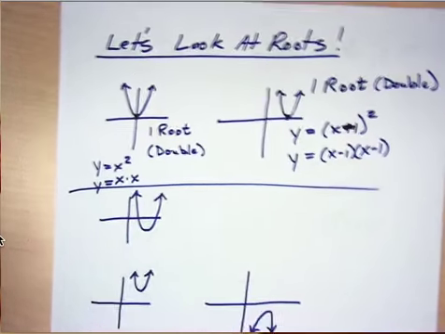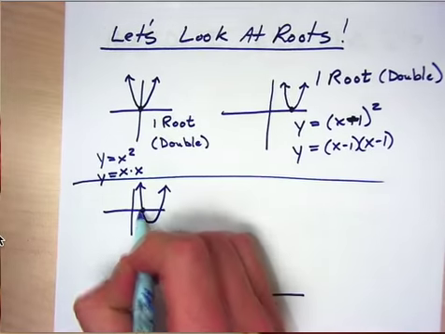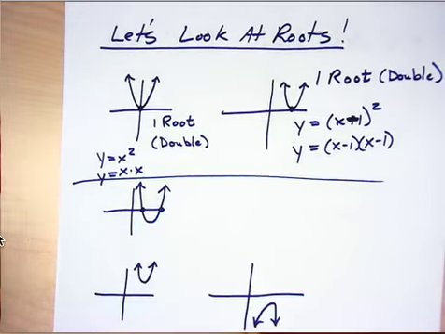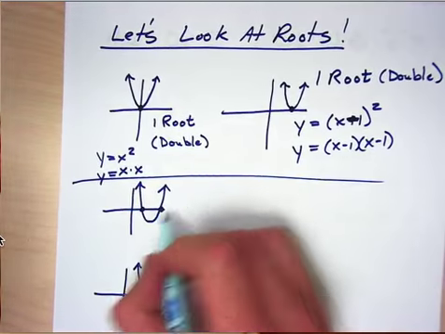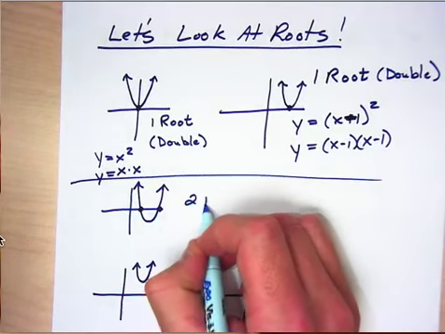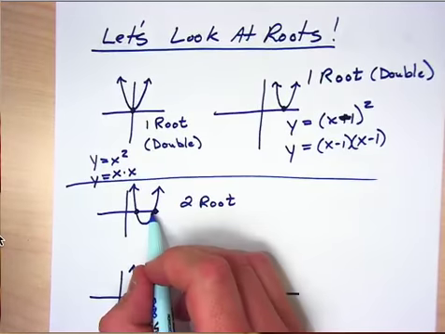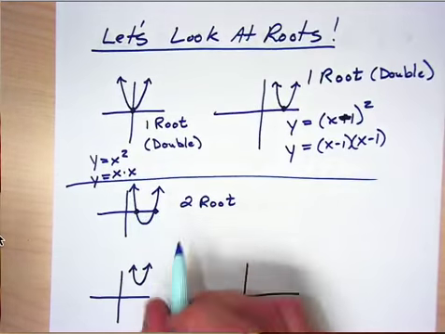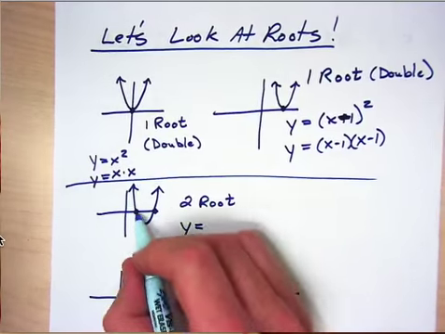Now, here's another example of a parabola that does touch the x-axis, and it touches it in two places. So how many roots do you see in this picture? Well, this picture has two roots because you see it touching the x-axis in two places. If I were to be critical about those, they're both single roots because when you write out the equation, there's only one pair of parentheses that makes each x-intercept.